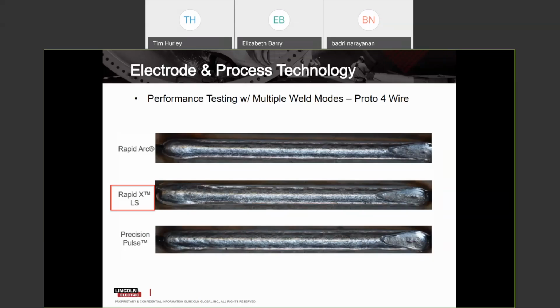And you can see that the Rapid Arc and the Rapid Arc LS are close, but still Rapid Arc LS performed the best amongst this group of waveforms which we tried with the prototype 4 wire.